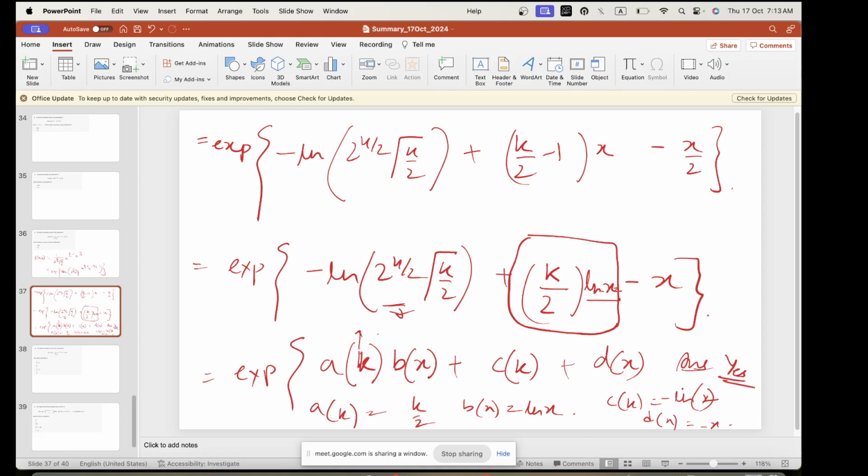Okay, now is it a canonical form? For it to be canonical form, b(x) should be equal to x.